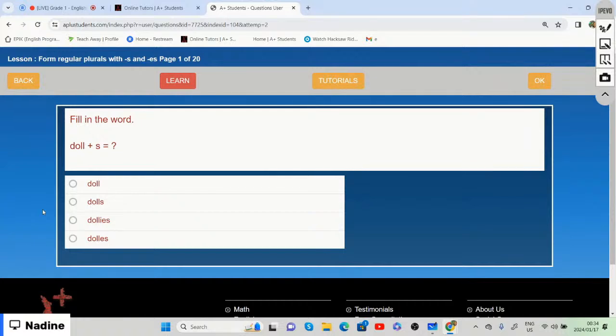If we choose the one that you think might work in there, we're going to say dolls. So one doll plus S, which means that it's more than one doll now.